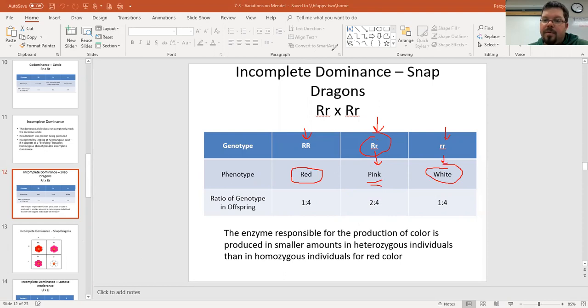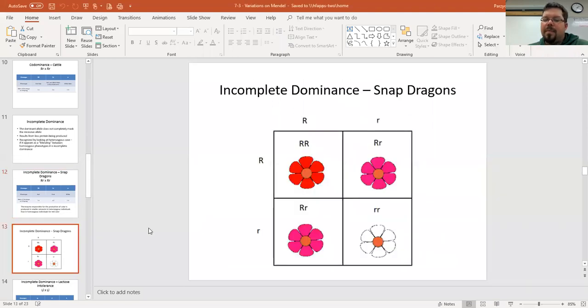Let me clear these drawings. Let's go to the next slide and take a look at incomplete dominance. It's a little visual here. Here's that same cross. Let's say we take two pink snapdragons and cross them. Here's my Punnett square. I can't get this to draw anymore.